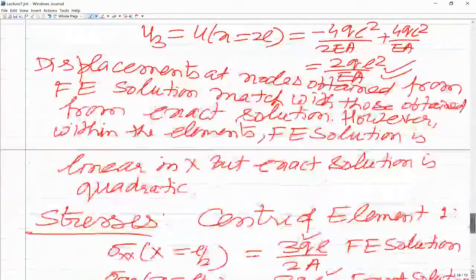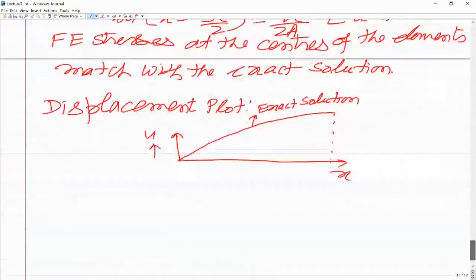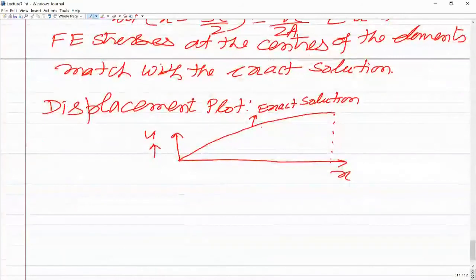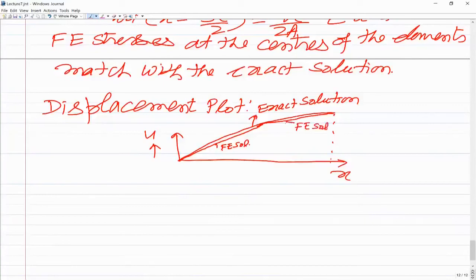Now if you plot the finite element solution, we have discretized the whole thing into two elements. So one solution is from here to here, and the other solution is from here to here. These are the FE solutions.